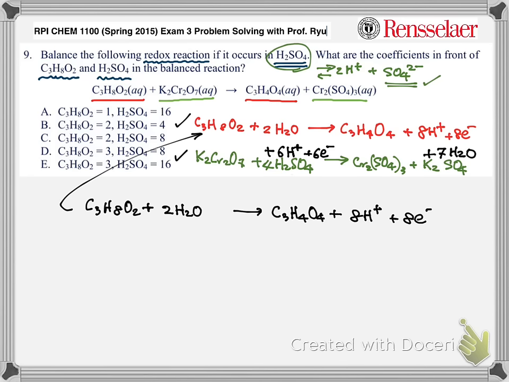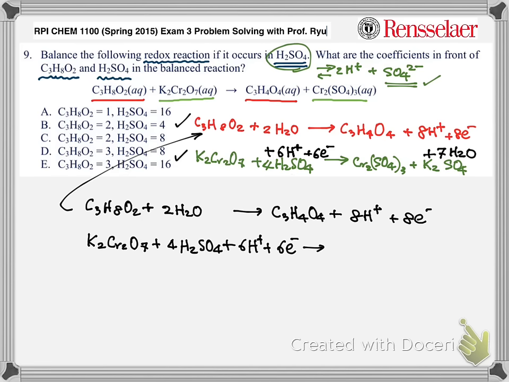The second equation now is K2Cr2O7 and 4H2SO4 and 6H plus and 6 electrons.